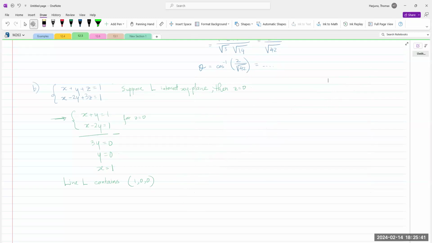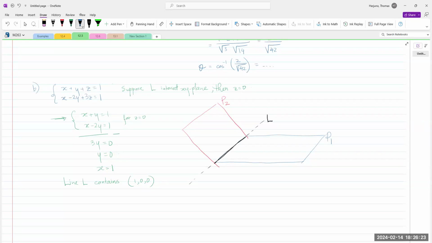Now take a look at this situation again. Notice that if two planes intersect, like the one I usually depict, let's say this is plane 1, and we have plane 2, intersecting like this. What is the direction vector of this line L here? I strongly suggest you follow me in graphing.